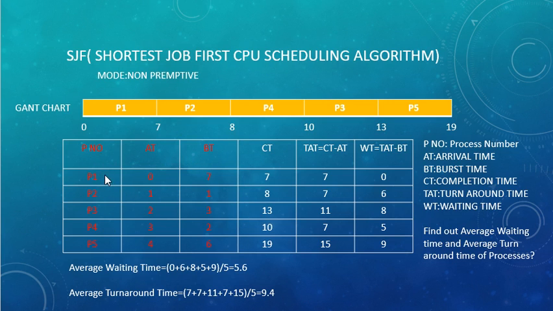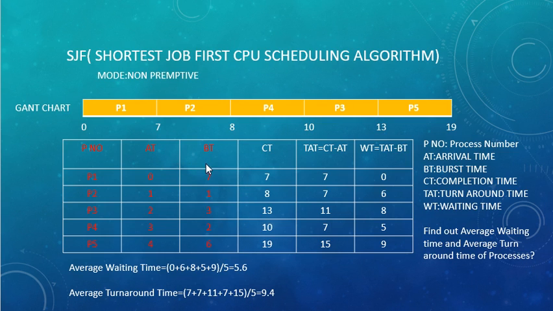Process number signifies the processes P1, P2, P3, P4 and P5, and the arrival times are already given: 0, 1, 2, 3 and 4 respectively, and the burst times are 7, 1, 3, 2 and 6. What is the question? We need to find the average waiting time and average turnaround time of the processes.